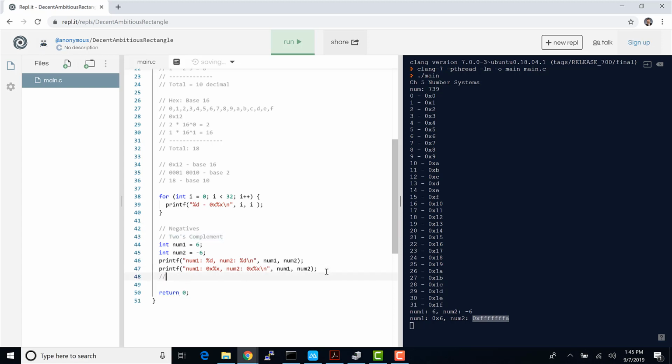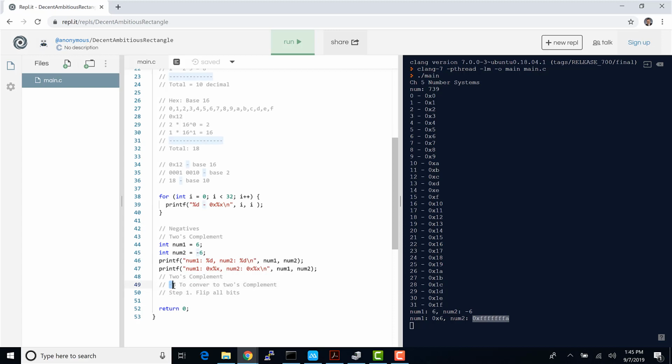And 2's complement is easy to do. If I give you the number -6, to convert it into 2's complement, step 1, you basically flip all bits. What do I mean by flip all bits?